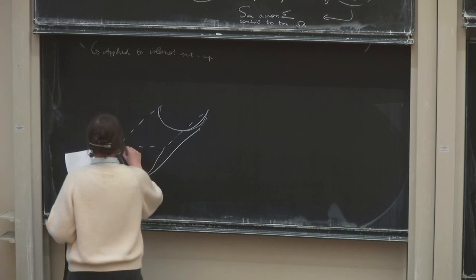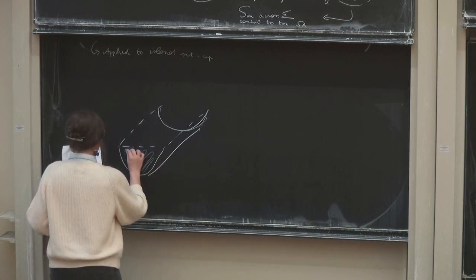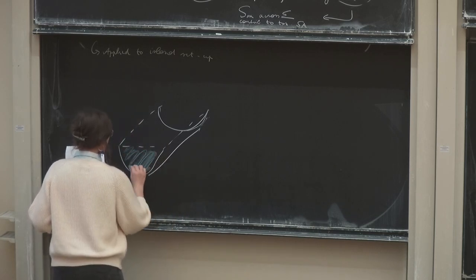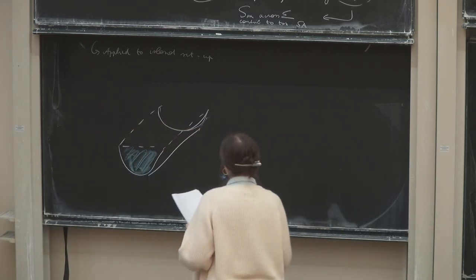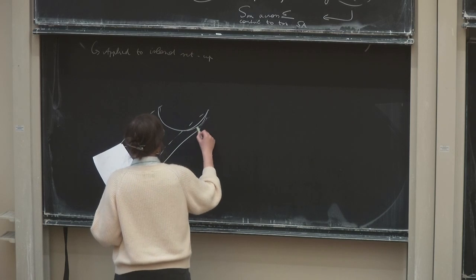So the blue part is always the gravitational part of the island setup, and the green part is the non-gravitational part of the island setup.